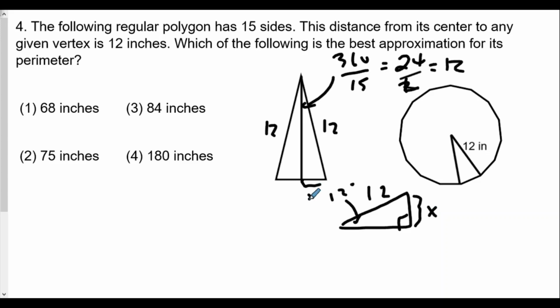We would have the sine of 12 degrees equal to x over 12. Therefore, the measurement of this small slice of a triangle is going to be 12 times the sine of 12. Except there are 2 of them, because this whole measurement here is also x.